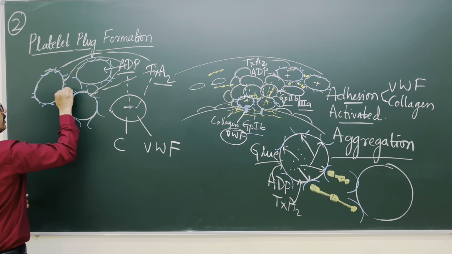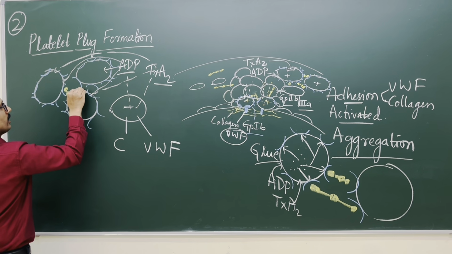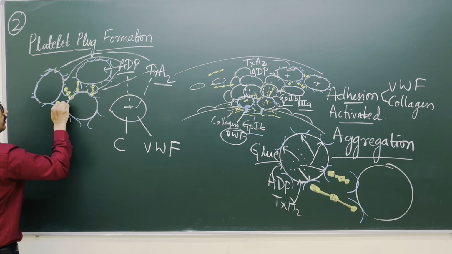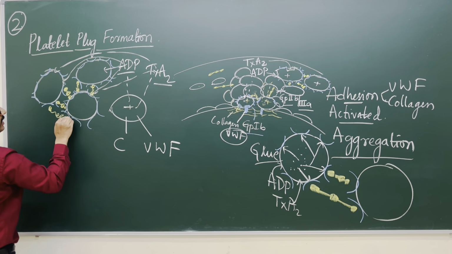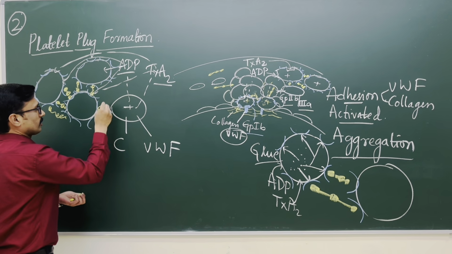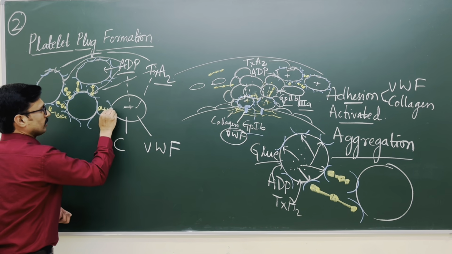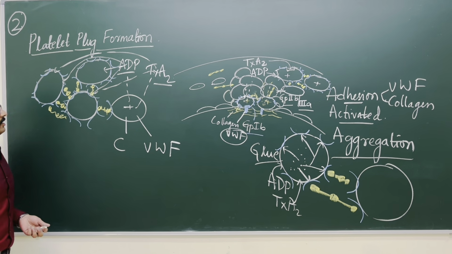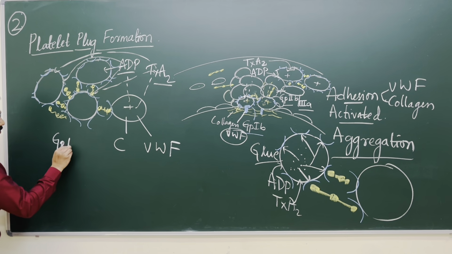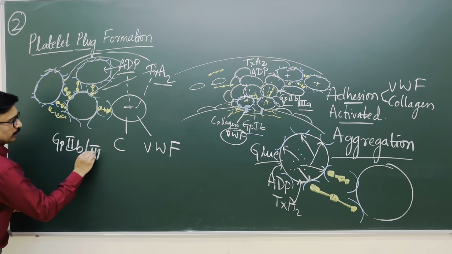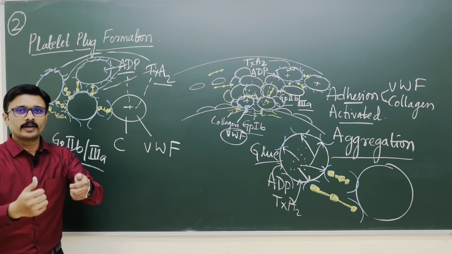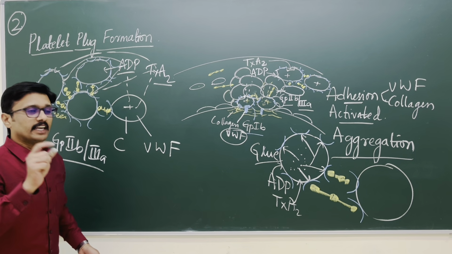This fibrinogen binds to the glycoprotein 2b3a of neighboring platelets, linking the platelets to each other, resulting in aggregation of platelets.